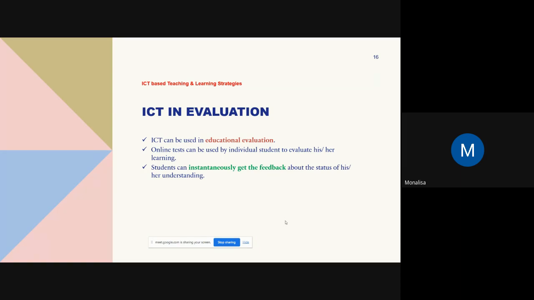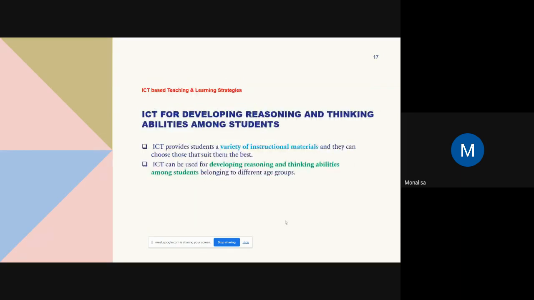Students can instantaneously get feedback about the status of his or her understanding of the subject. If the answer is wrong, he or she even gets the correct answer. Not only the students, even teachers can use it to assess their own understanding of the subject. So in this way, ICT can be used in the evaluation process.